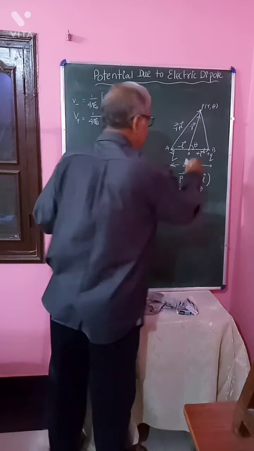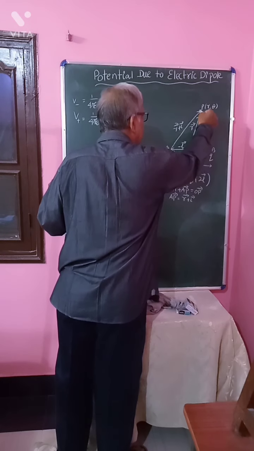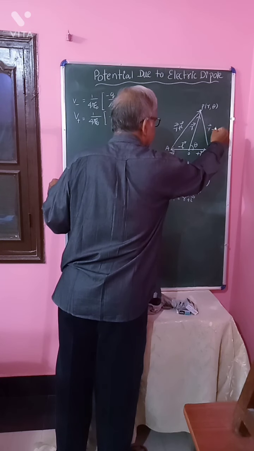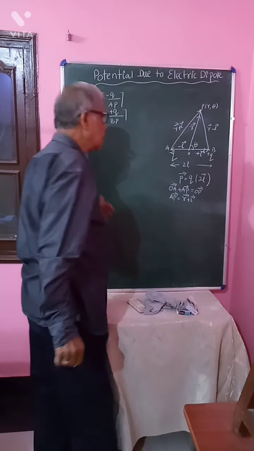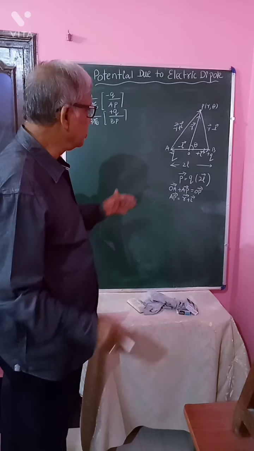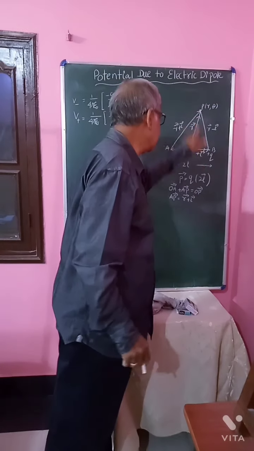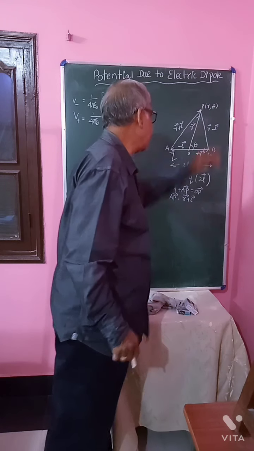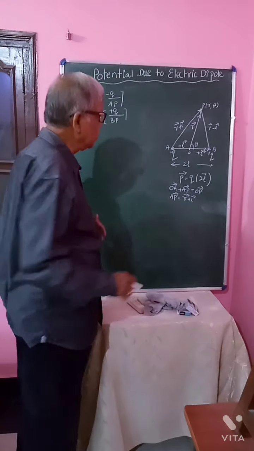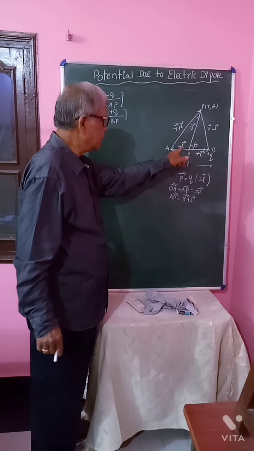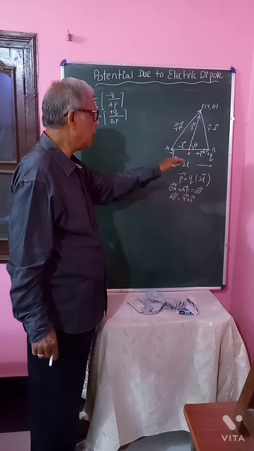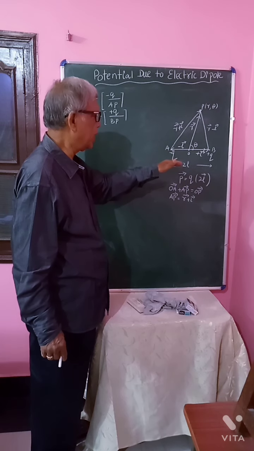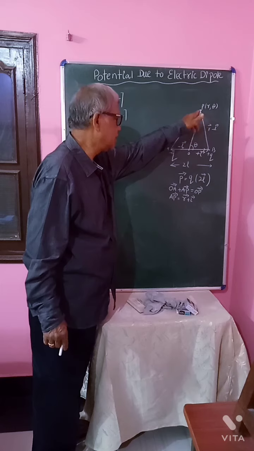Similarly, BP vector is r vector minus L vector. Check: OB vector, that is plus L vector, plus BP vector, r minus L vector, gives vector r. Now, in this problem, the dipole length 2L, or L, is very small, insignificant in comparison to the distance r.